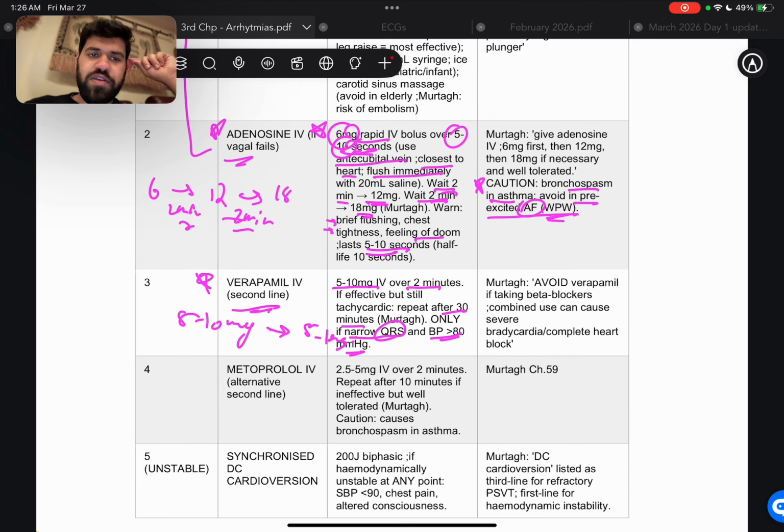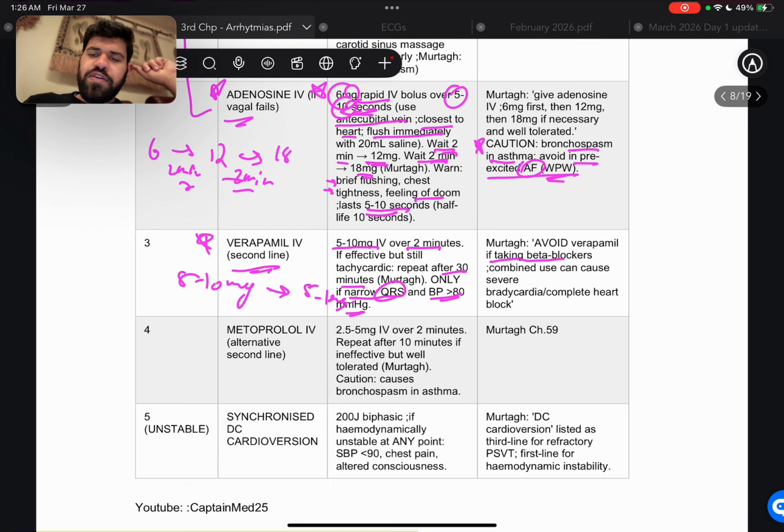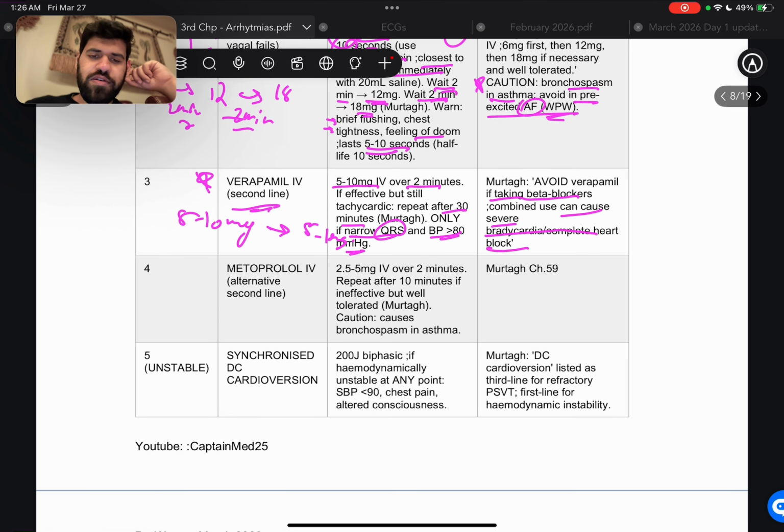We avoid it if taking beta blockers. Combined, they can cause severe bradycardia and complete heart block, because of beta blockers plus CCBs.